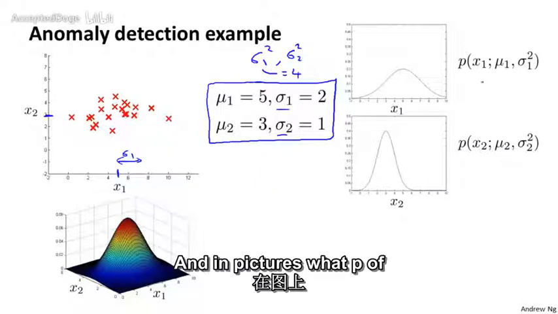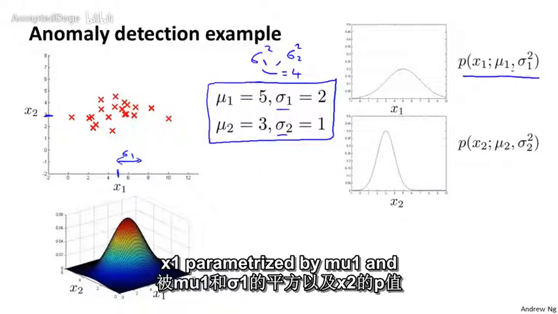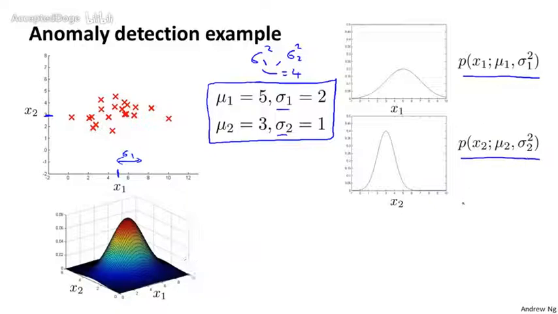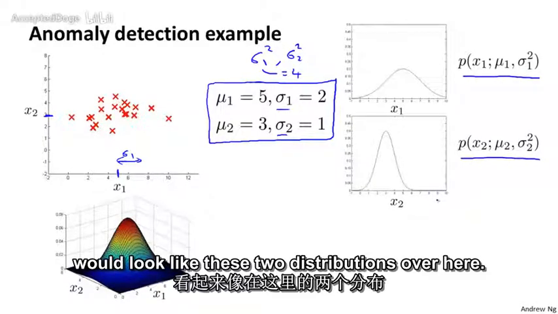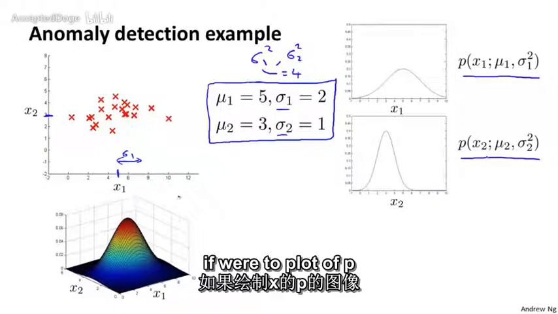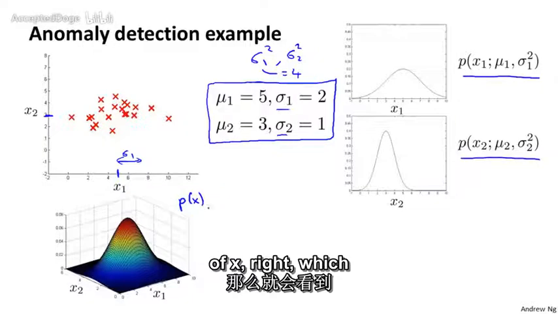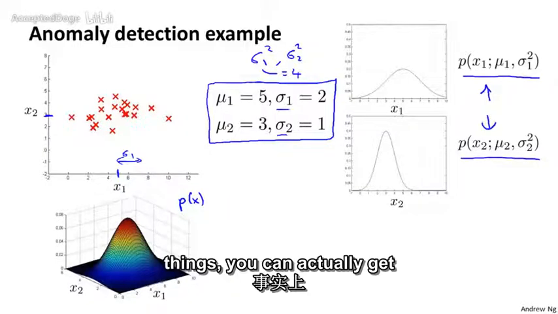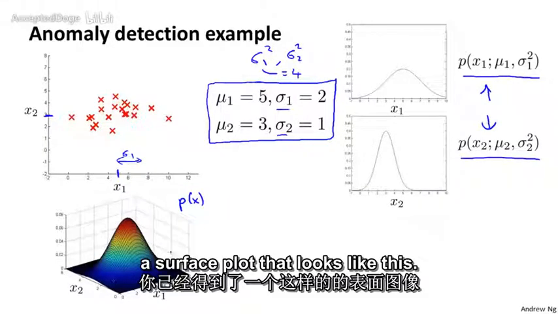And in pictures, p of x1 parameterized by mu1 and sigma squared 1, and p of x2 parameterized by mu2 and sigma squared 2, would look like these two distributions over here. And it turns out that if you were to plot p of x, which is the product of these two things, you can actually get a surface plot that looks like this.